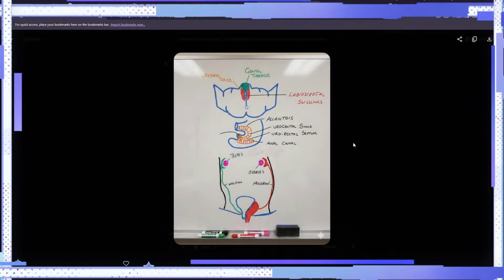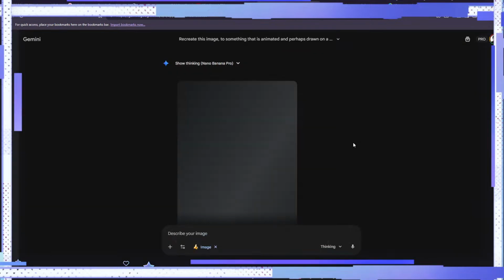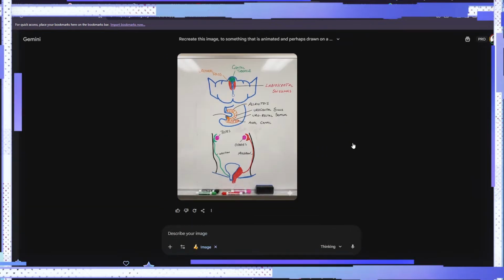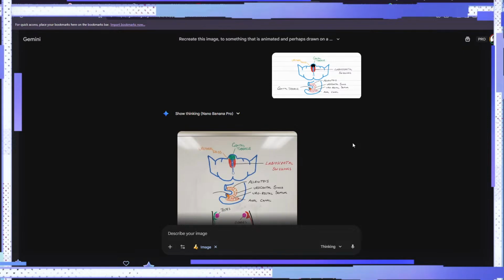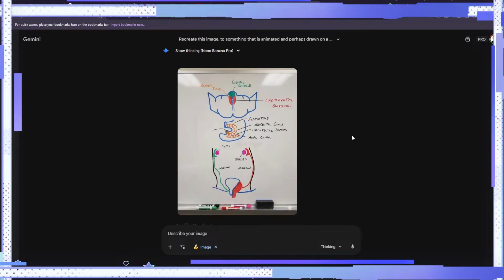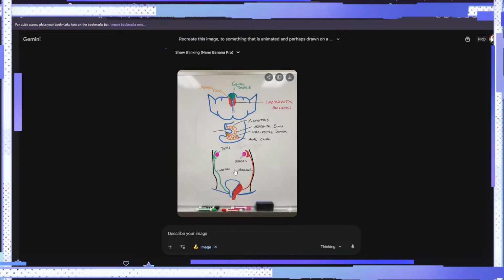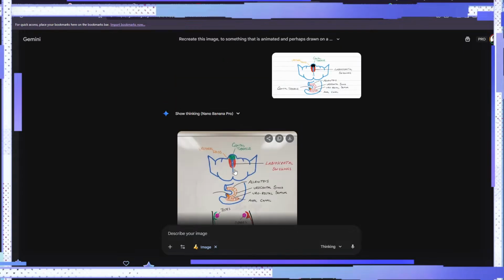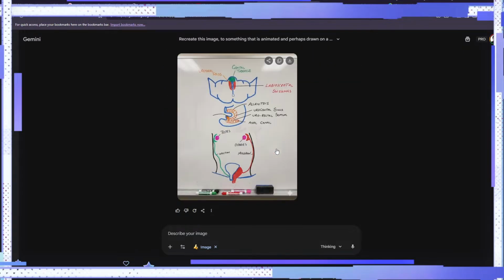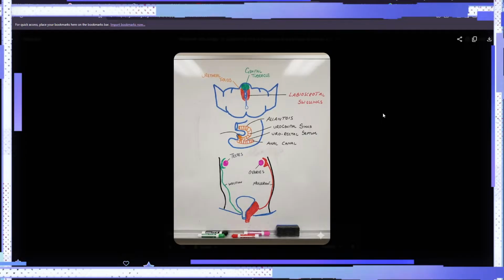Wow, wow. Did it miss something? It did miss something, right? Yeah. Oh no. Oh no. Genital tubercle didn't. Why did it? Oh. Okay, that's a problem. Yep, that is a problem.